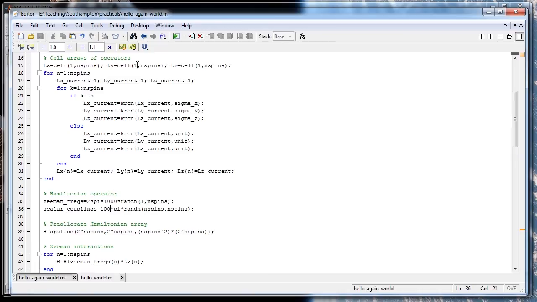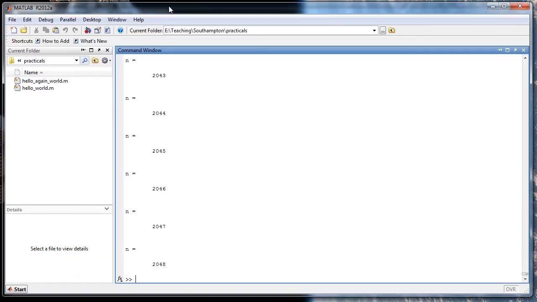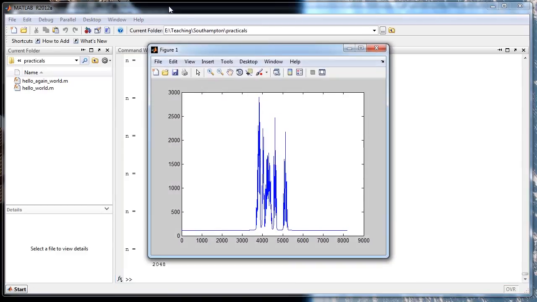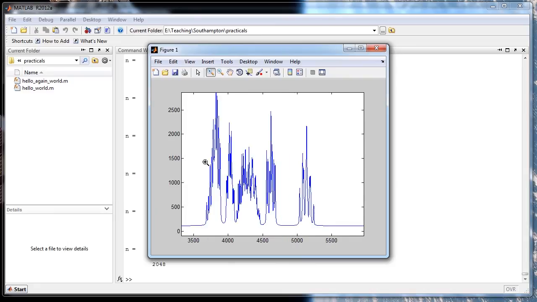So 10 times bigger J couplings everywhere. Let's say it's a carbon spin system. Same calculation again. There we are. Big and complicated.